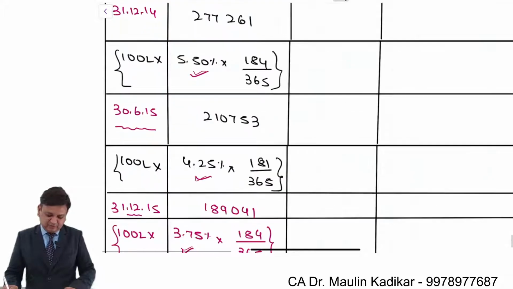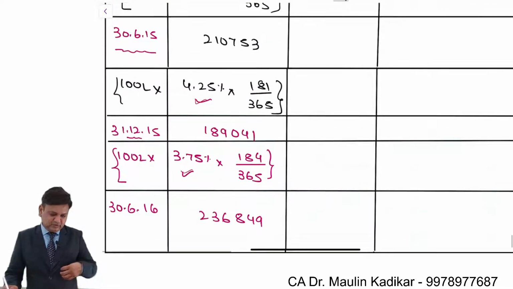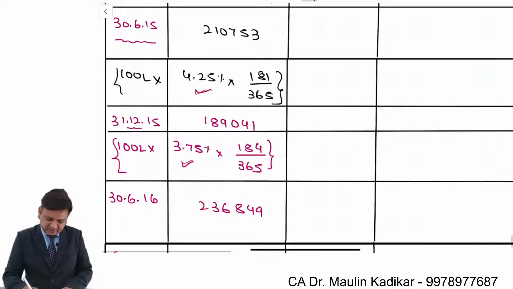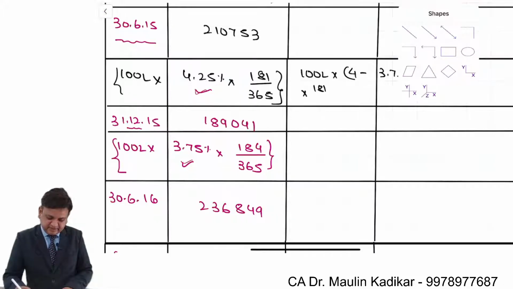Over here there will be floor payment, that is 30th of June 2015. It is 100 lakhs into 4 minus 3.75 into 181 divided by 365.